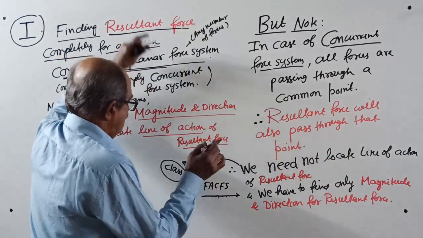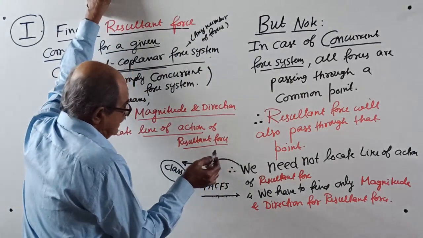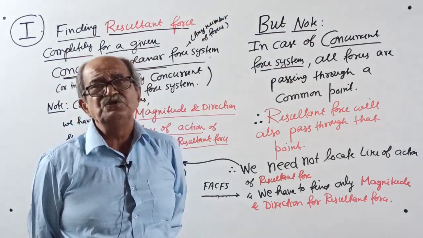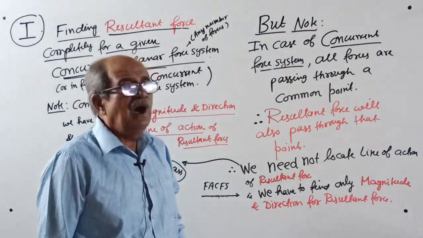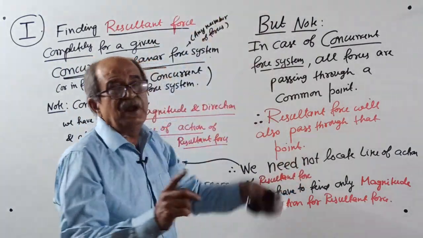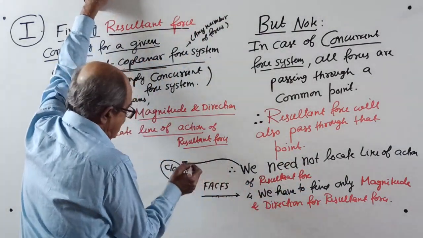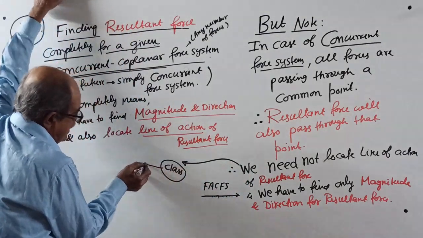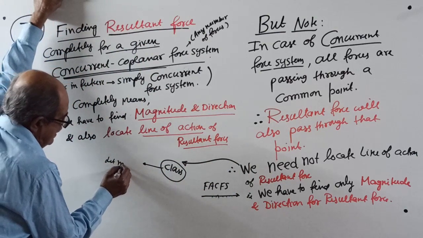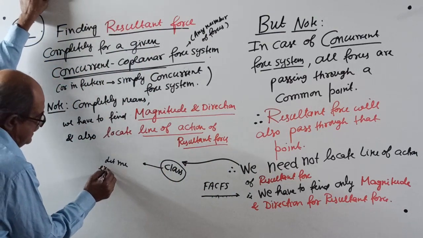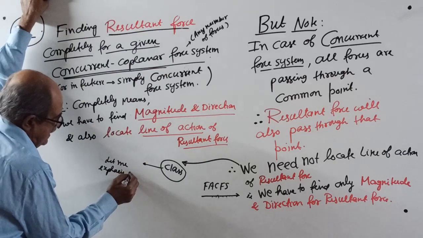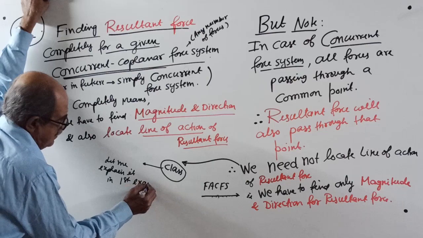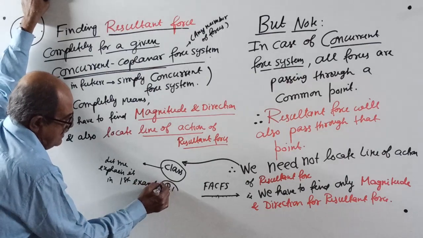Now, somebody will ask a doubt. Sir, if all the forces are passing through one point, the resultant will also pass through the same point, correct? But then how can you say line of action is not required? I can explain that concept, but better, I will explain it in the first example, question number 1.